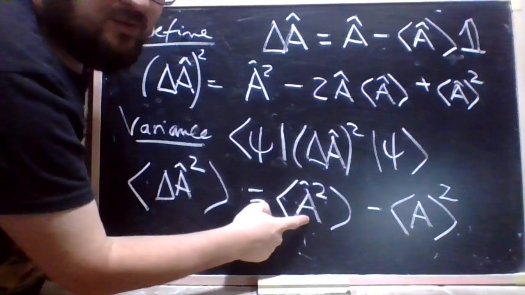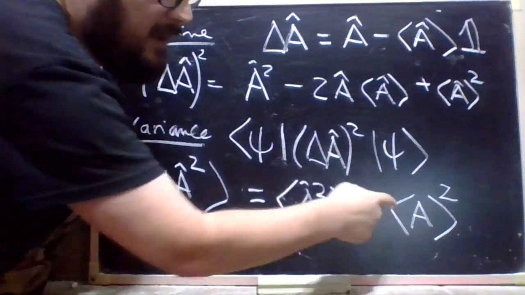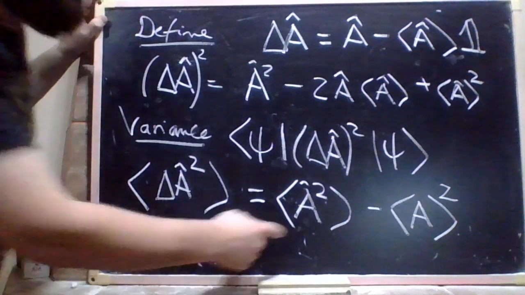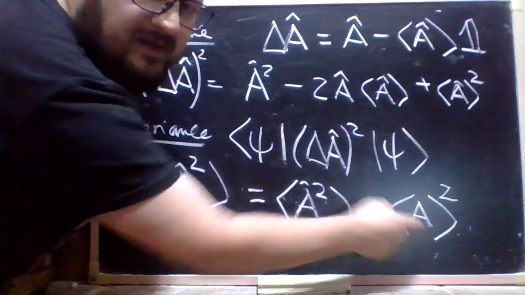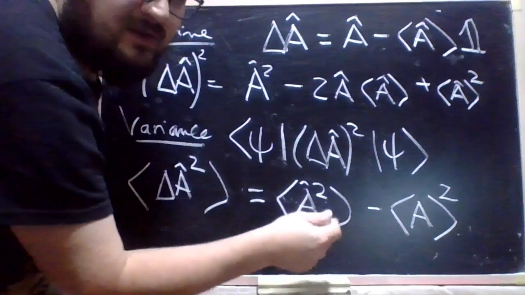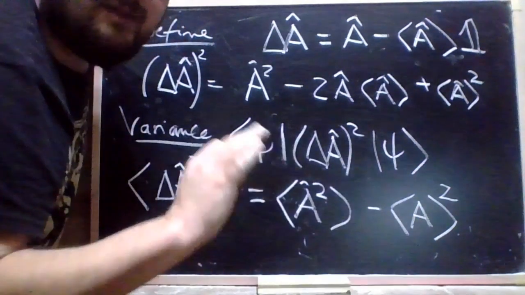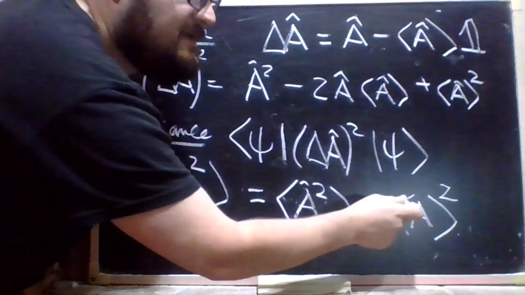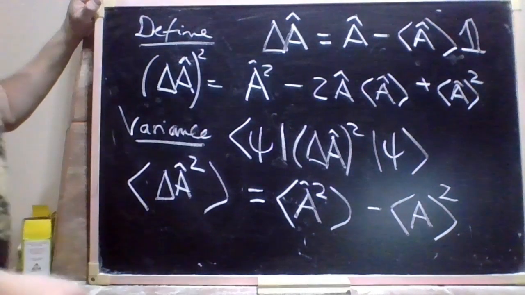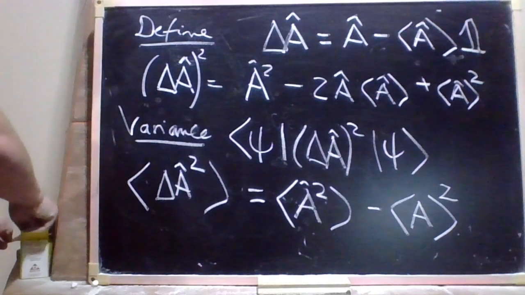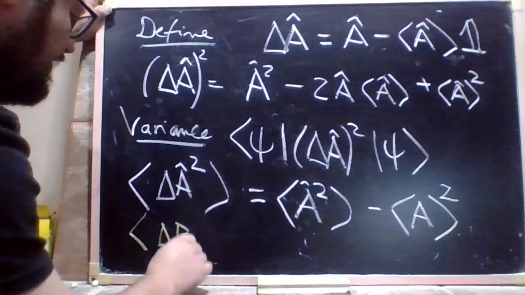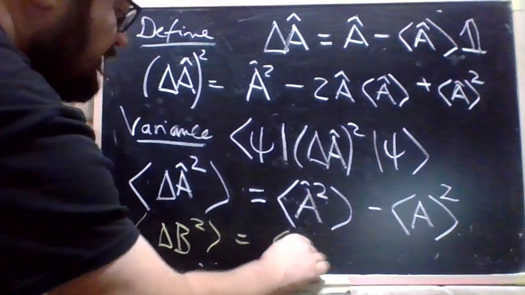Here you pick the squared operator and you take the average, and here you pick the average of the operator and you square that number. All right, always the average of the square is greater than or at least equal to the square of the average. All right, this is a very important result in statistics, and in quantum mechanics we are dealing with probabilistic interpretations. Right, so you can define that for an operator B also, delta of B squared, it's the same thing, but for an operator B.